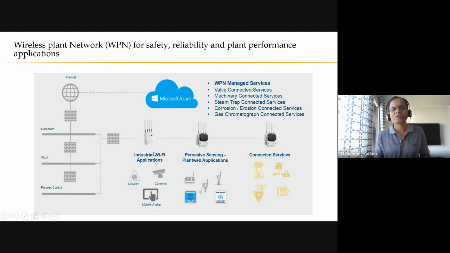For that, one system is there. For instrumentation, pervasive sensing, non-contact sensors are there, and there are also some software like asset management, and all these software services are from here. All these services are connected through individual gateways, and these gateways communicate with each other, and this is the wall that is called a firewall. Actually the picture of a wall means firewall, or we can say security wall.